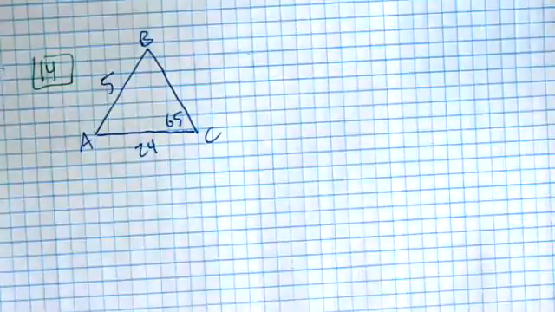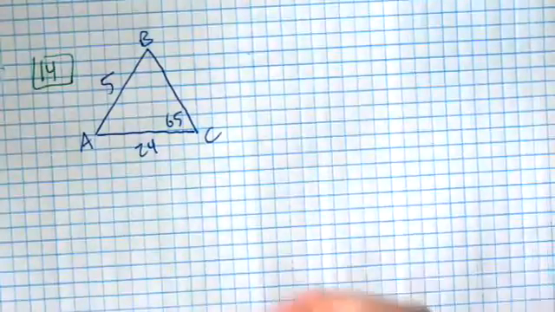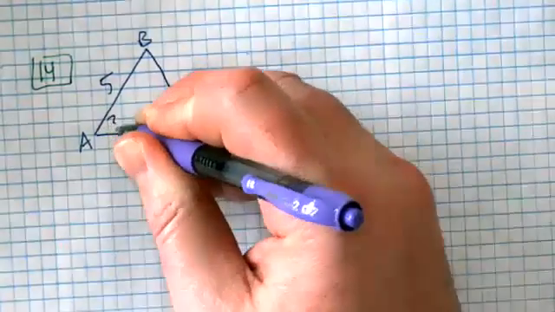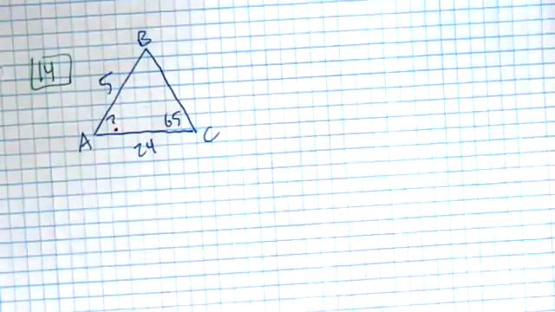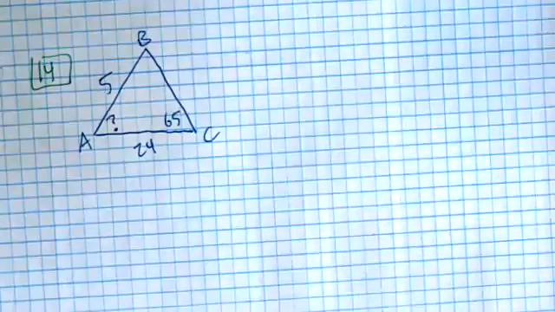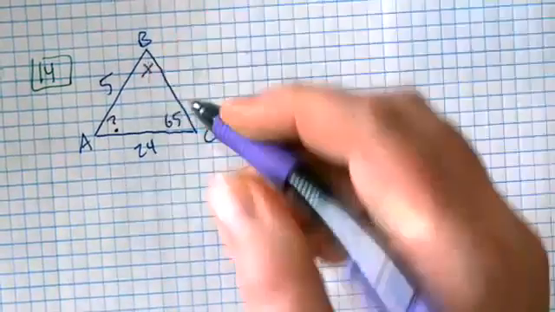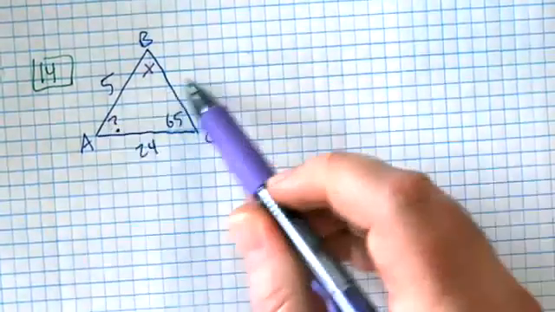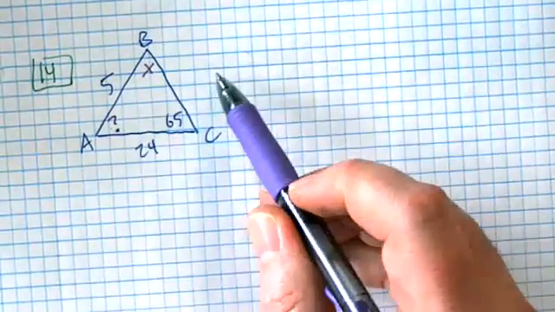It's one of those weird ones. They want us to find A, don't they? So I'm not putting an X in A because we can't solve for A. It's one of those ones where we're going to have to solve for something else first and then use it to find A. So we're going to solve for B instead. We can't solve for A because we don't have any information across from it. You guys see why we can't solve for A?